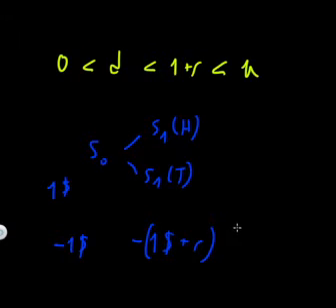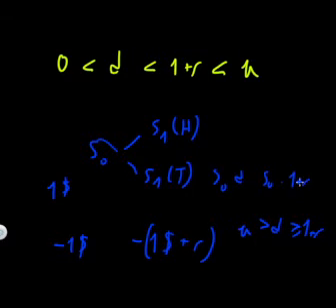Now in this case, we are assuming that U is bigger than D is bigger than or equal to 1 plus R. So in this case, if D is equal to 1 plus R, then S0 times D would be S0 times 1 plus R, which is 1 times 1 plus R, which means you could sell the stock during this time to pay off your debt, and if it goes up, you would get profit, hence being bigger.